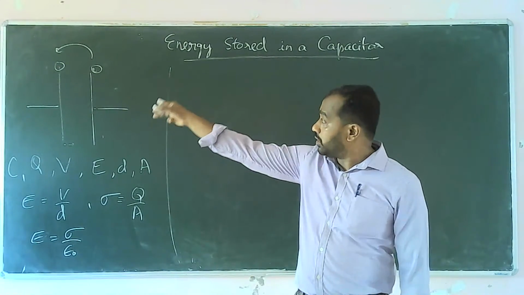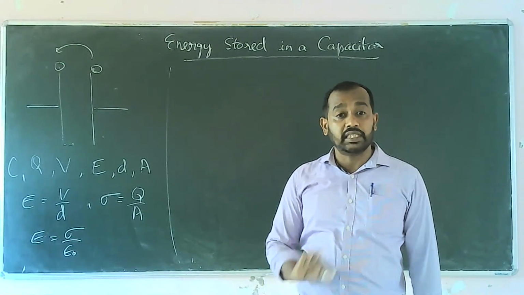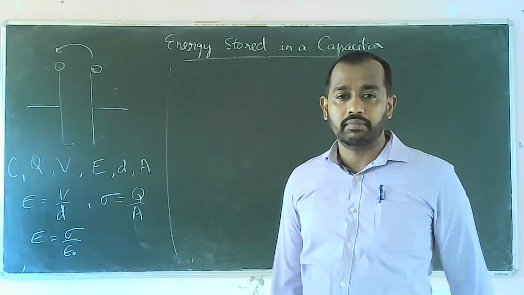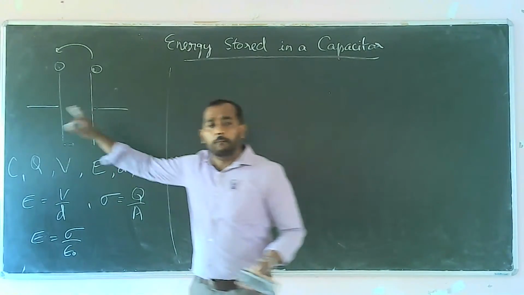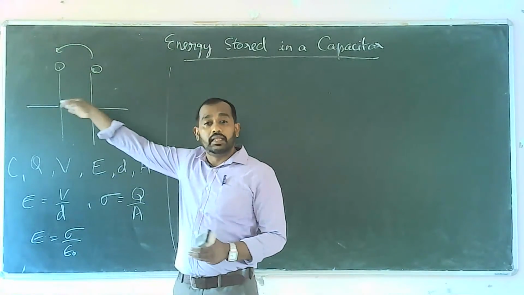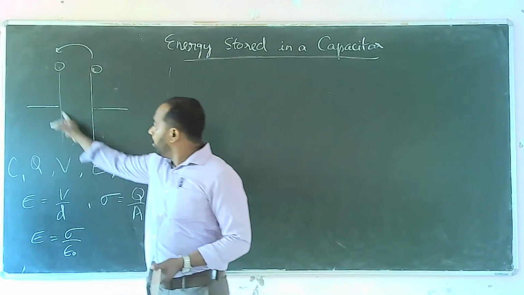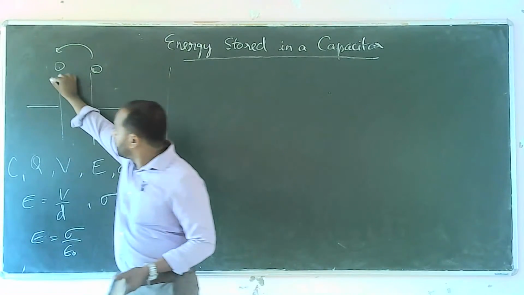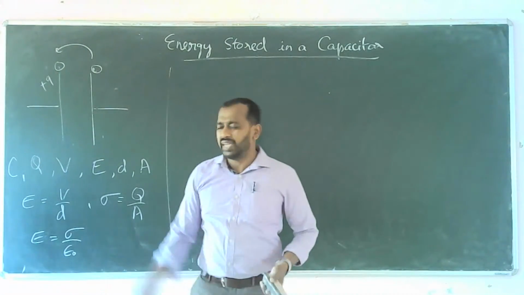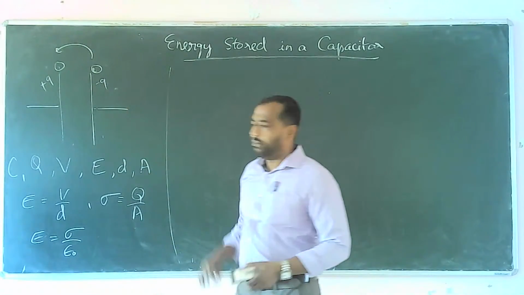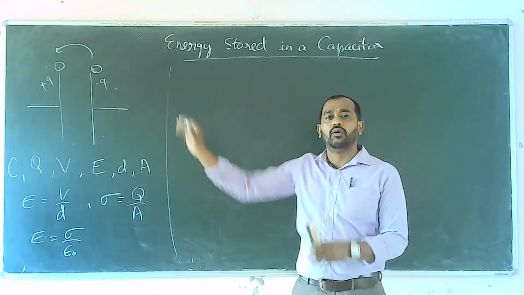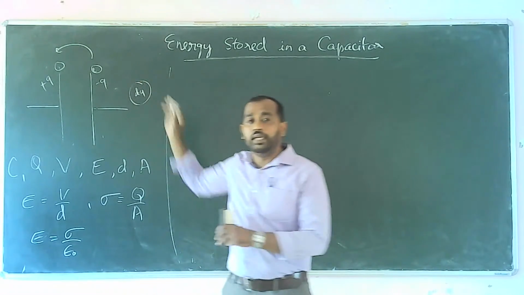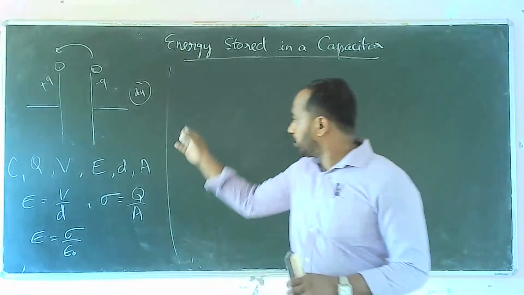The charge deposited on the plates of the capacitor is neither 0 nor the maximum capital Q, but some intermediate value. The charging of the capacitor has already begun. So when the positive charge on the first plate is small q, on the other plate it will be minus q, and still the charging is going on, with more charge coming to the first plate in installments of dq.